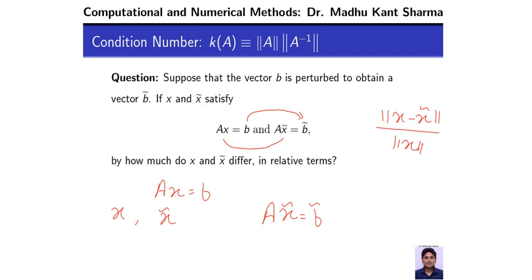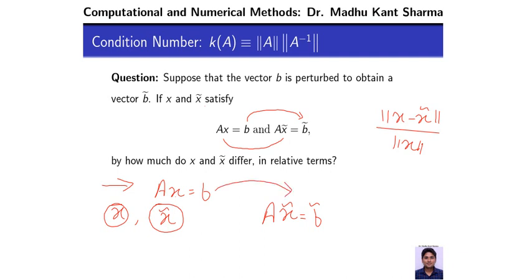Keep in mind that when you are solving a system of linear equations, you are not getting the exact solution, you are getting an approximate, perturbed solution. Parallelly, the constant vector B will also be perturbed.